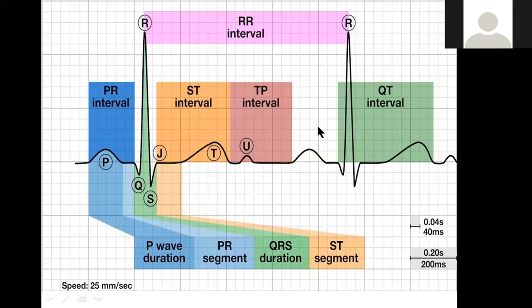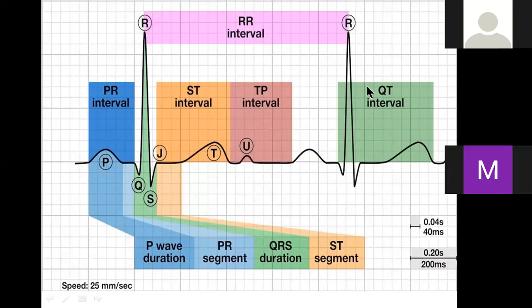So if one trace comes in five large boxes, which is 5 seconds, the rate will be 60 beats per minute. That we will discuss in the rate calculation.